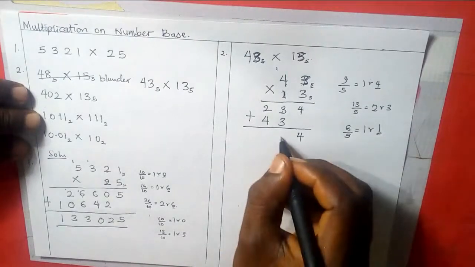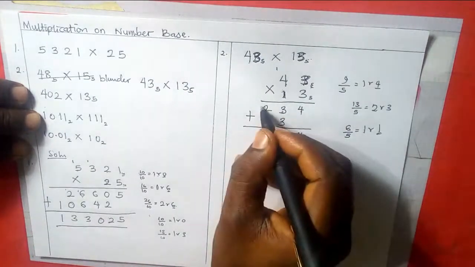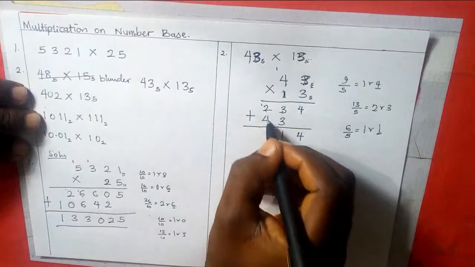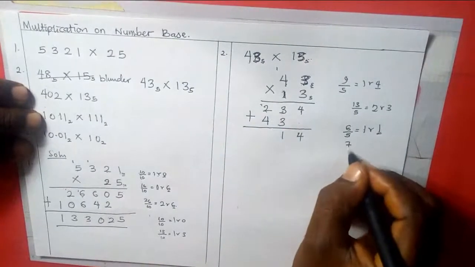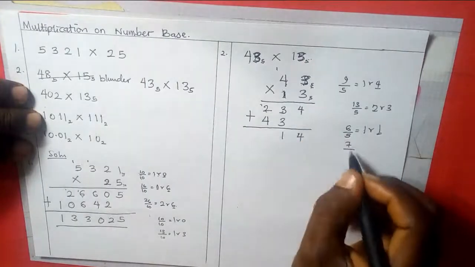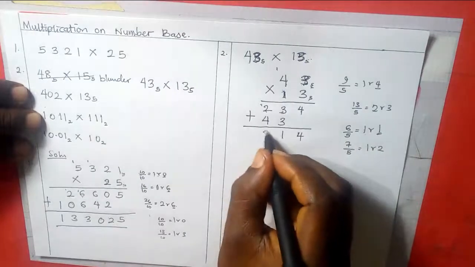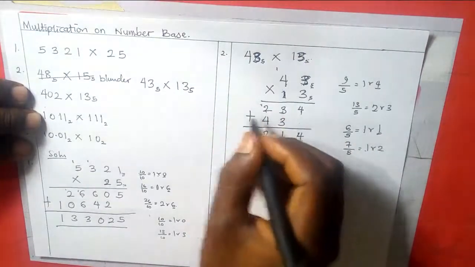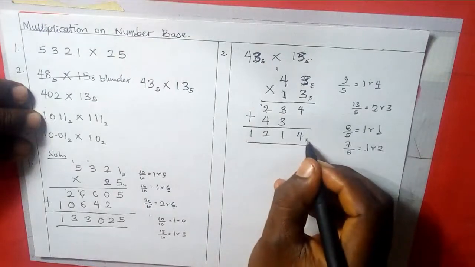So I'll write this 1. Then I'll take 1 to this side, so I have 2 plus 4, 6, plus 1, 7. So I have 7 divided by the base, which is 5. It gives me 1, remainder 2. So I write the remainder and take this 1 to the next place value. It's nothing, so I have it as this.